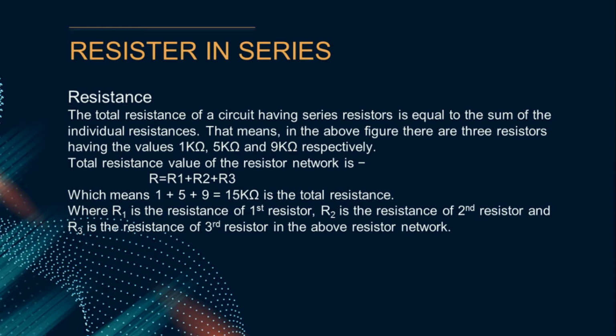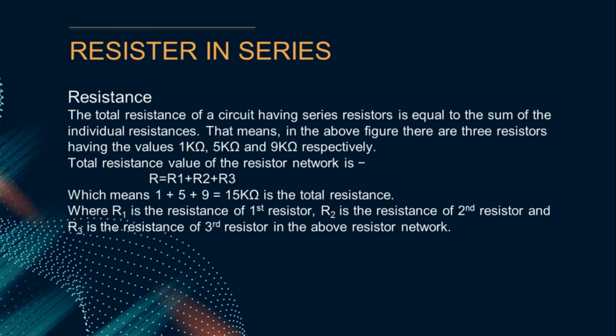Resistance. The total resistance of a circuit having series resistors is equal to the sum of the individual resistances. That means in the above figure there are 3 resistors having values of 1k ohms, 5k ohms and 9k ohms respectively.